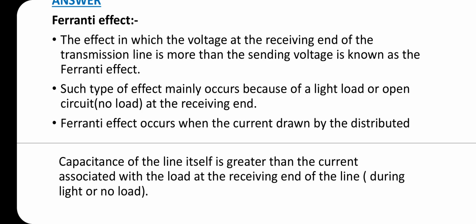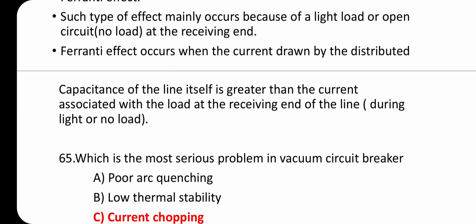Such an effect mainly occurs because of light load or open circuit, that is no load at the receiving end. It occurs when the current drawn by the distributed capacitance of the line itself is greater than the current associated with the load at the receiving end of the line, that is during light or no load.